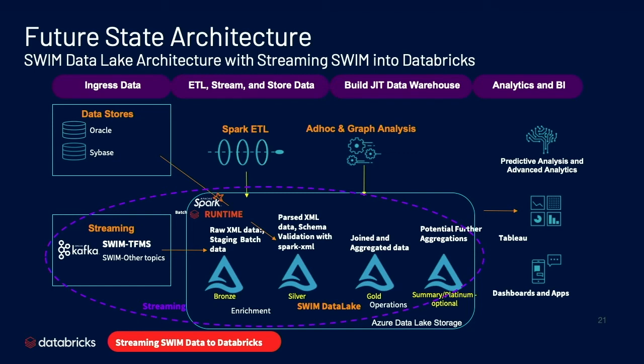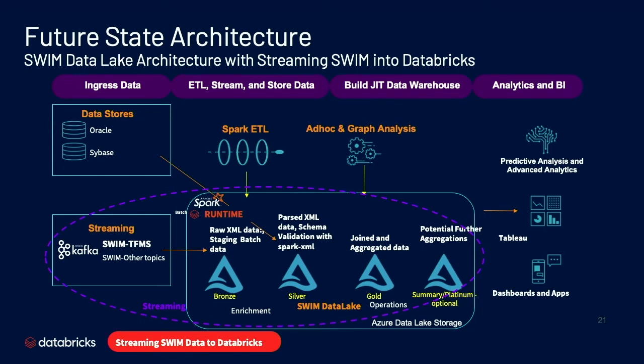And then from there, batch processing to parse the XML data and do schema validation against the very complex nested TFMS schemas, and then do joins and aggregations from there to be able to really get power out of your data and perform your analytics or predictive analytics and machine learning processes on top of that.